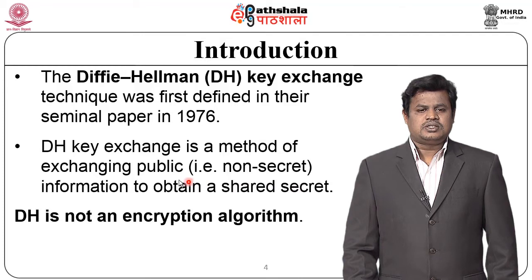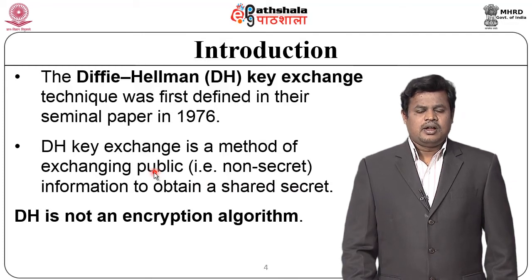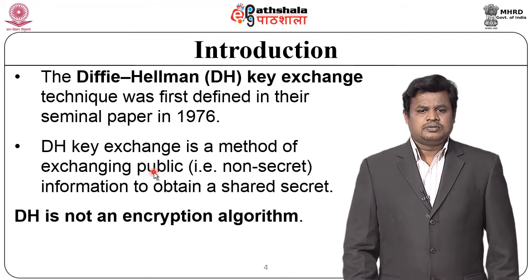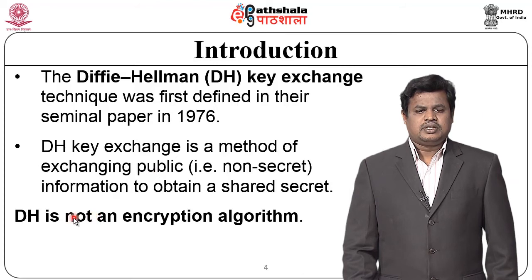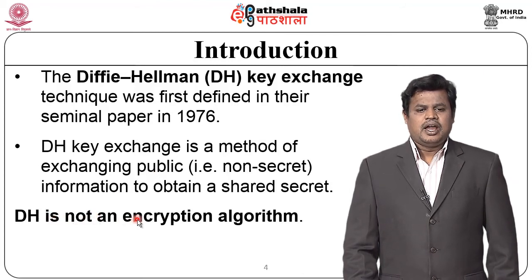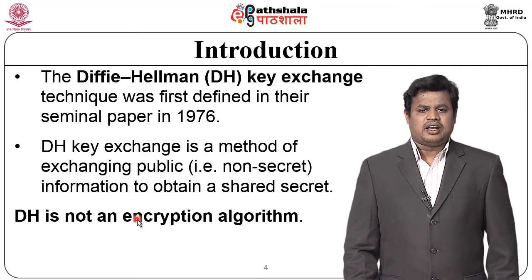So Diffie-Hellman is one among the methods of key exchange between users who want to share their secret information. Actually DH, the Diffie-Hellman, is not an encryption algorithm, it is just a key exchange mechanism. How efficiently can two users exchange their secret information by using their non-secret information?